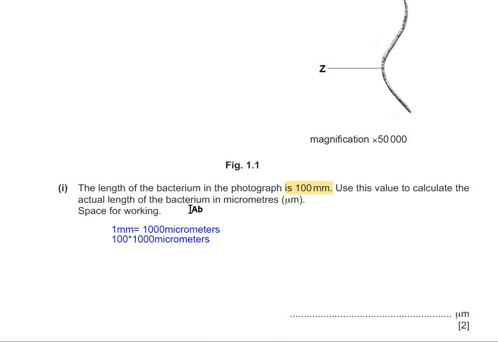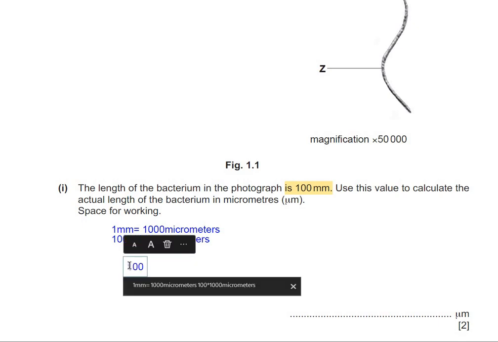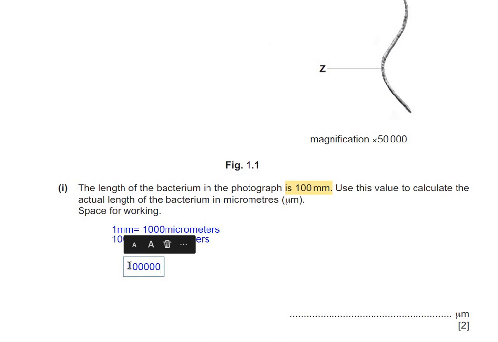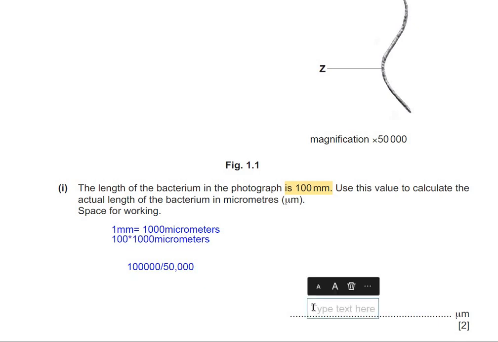They are actually asking for the actual length of the bacterium. So actual length equals the image length over the magnification. The image length was 100,000 micrometers divided by the magnification, which is given here as 50,000. By doing the working, you will get 2 micrometers as the actual length of the flagellum of this bacterium. Alright, so I hope this was clear.